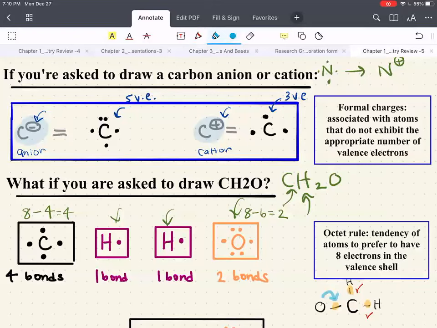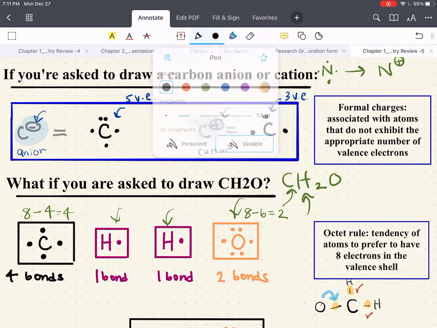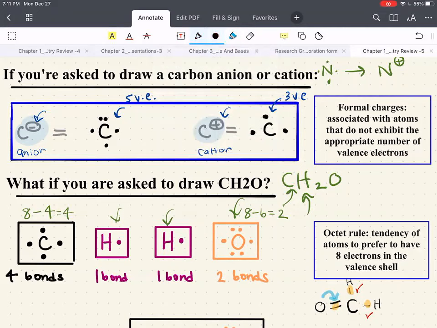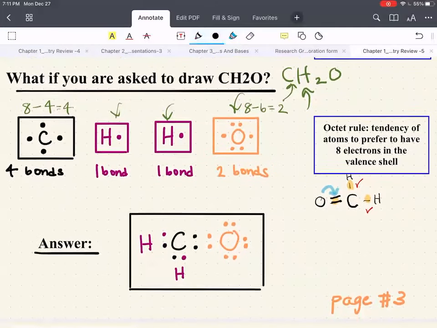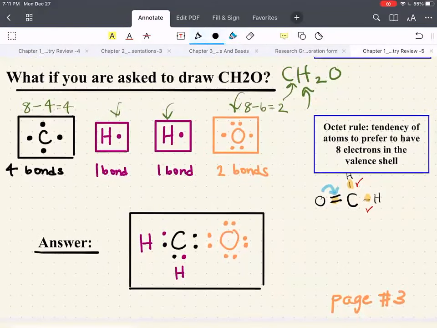So if that's the case, we should double up this bond and have a double bond between the oxygen and the carbon so that their bonding preferences are satisfied. This is going to look something like this. The carbon forms a bond with a hydrogen, so now they're sharing their electrons, and it forms another bond with the other hydrogen, sharing their electrons.